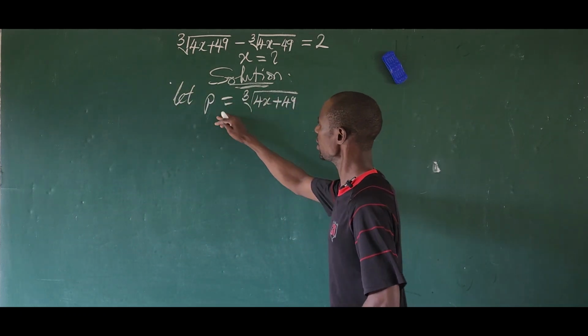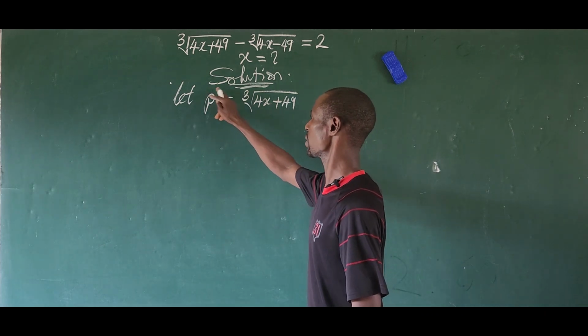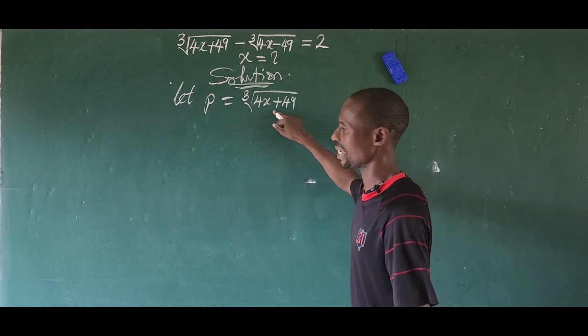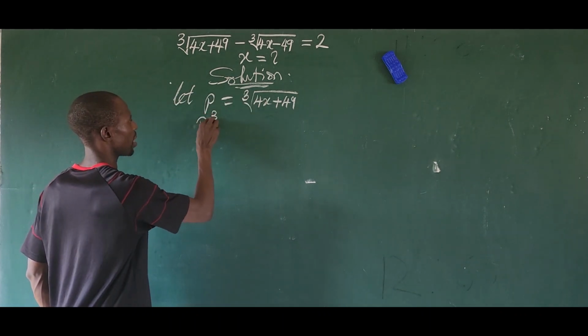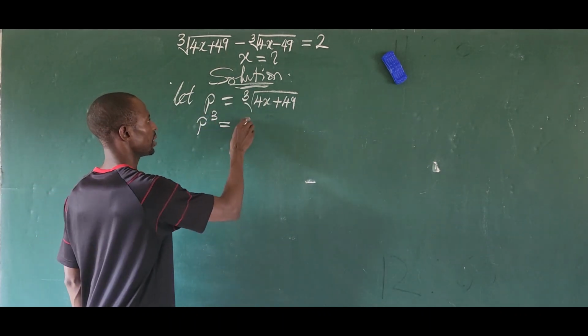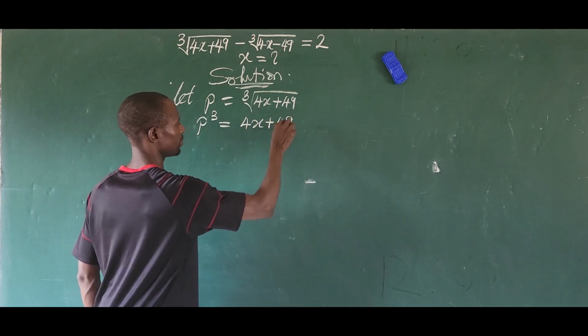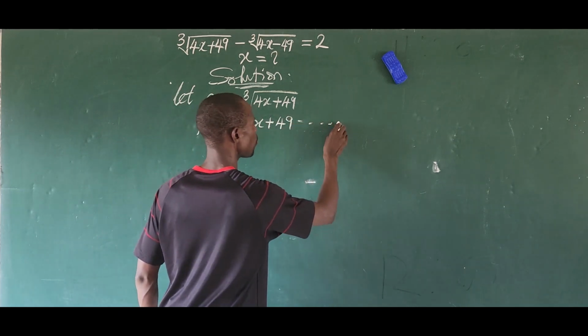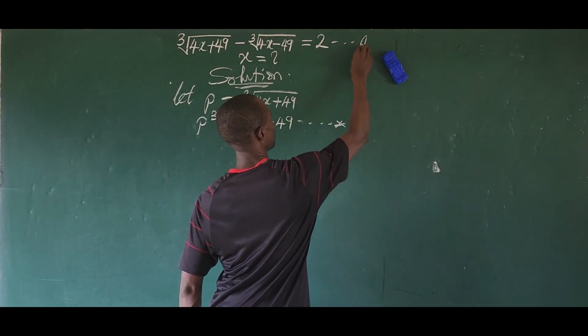If we take the cube of both sides, it will expose this content inside. So this gives us p to the power of 3 is equal to 4x plus 49. Let's give this equation star, and let's give this equation 1.